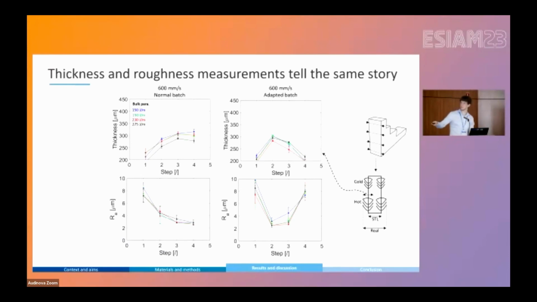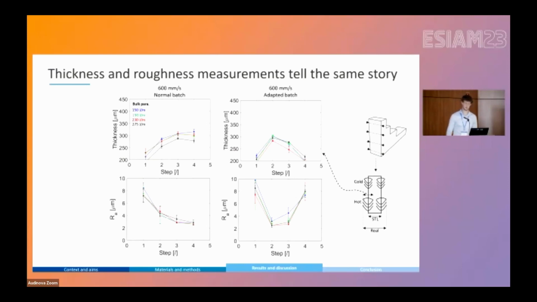So if the thickness of the contour melt pool is increasing, it means that the build-up temperature increases also. And if the thickness of those contour melt pools is decreasing, it means that the temperature of the sample is decreasing. And we see exactly the same thing with the roughness, but for that you need to know how roughness of this alloy works.